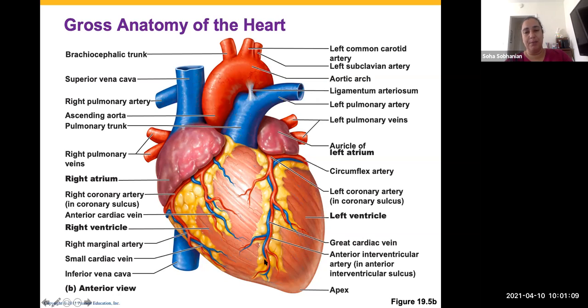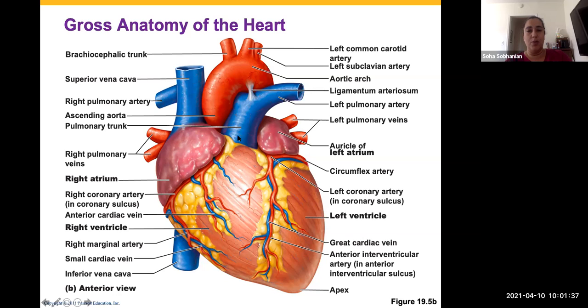Now you have this blood vessel that separates the ventricles on the surface of the heart, on the facade of the heart. So this portion of the heart would be your right ventricle, and this side would be the left ventricle. And this is the marker that separates those. Again, here is your superior vena cava and inferior vena cava coming into your right atrium.